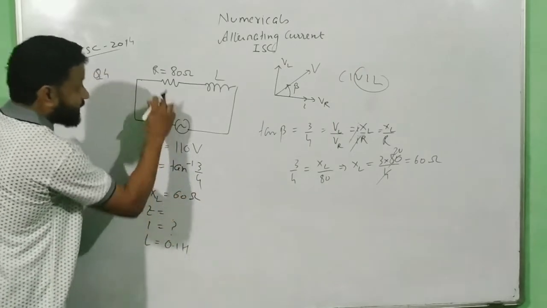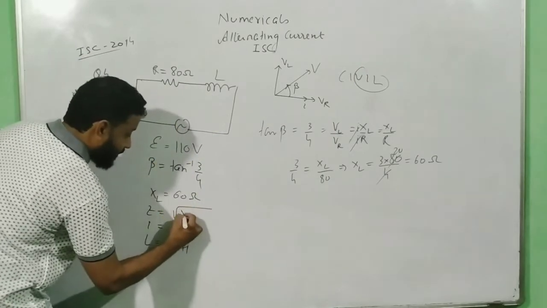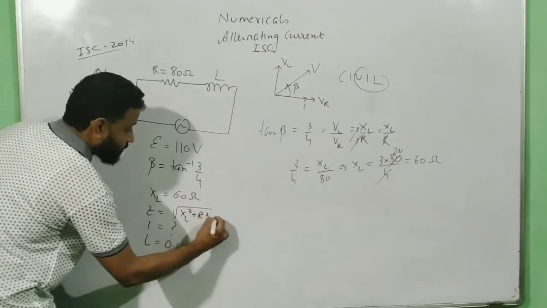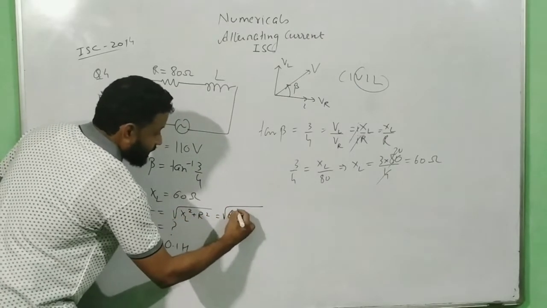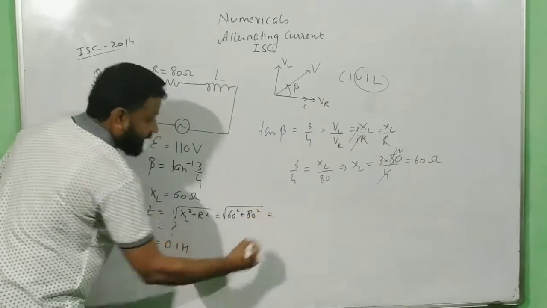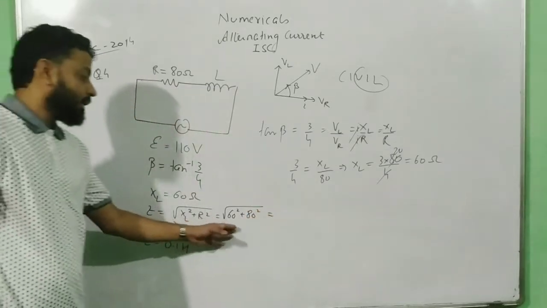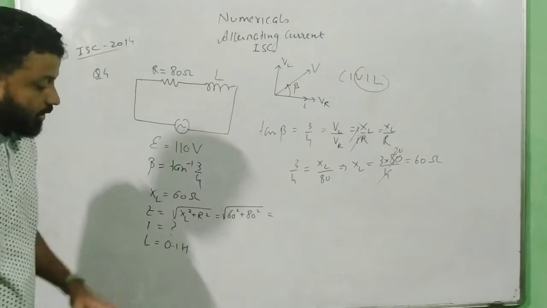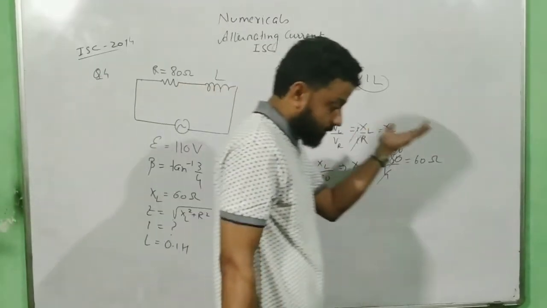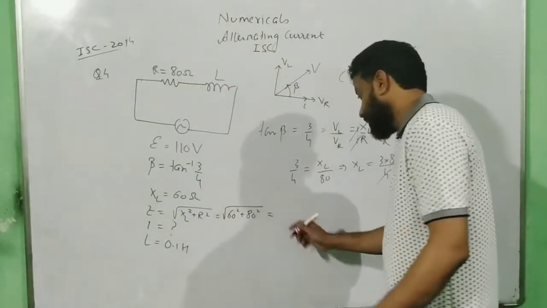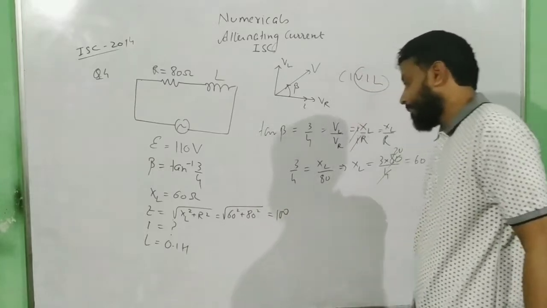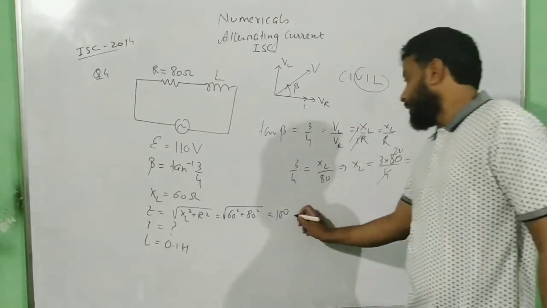How will you find Z? This is an LR circuit, so the value of Z will be equal to root over XL square plus R square, that is root over 60 square plus 80 square. Generally 8 and 6 has a square root of 10, so this has to be 100. So this will be your 100 ohm.